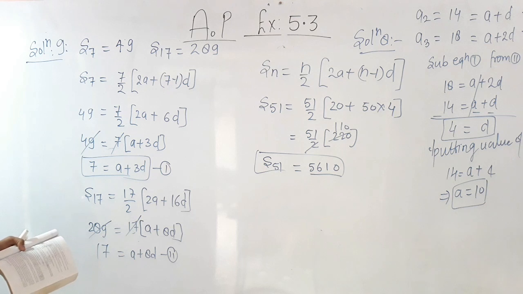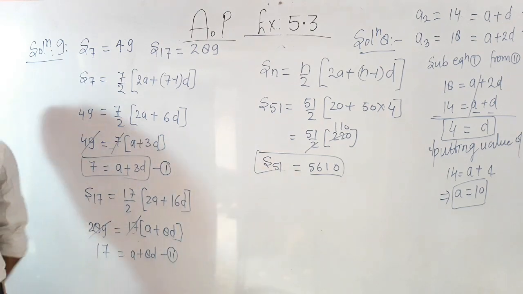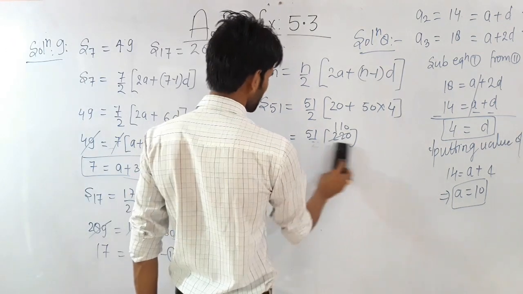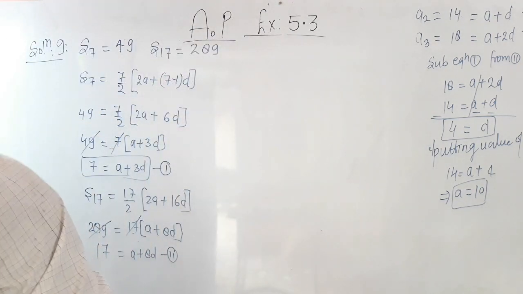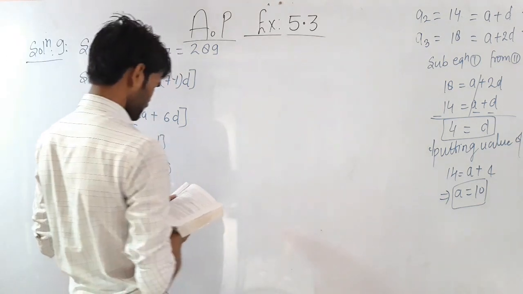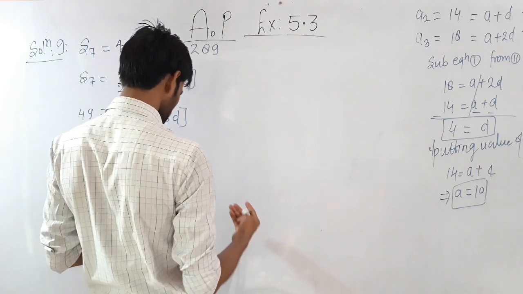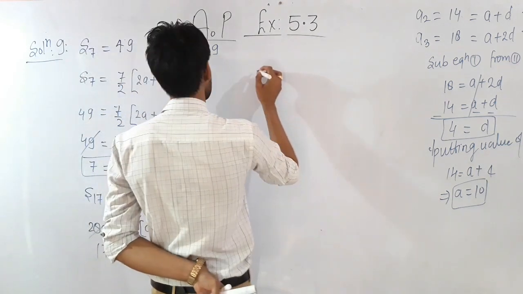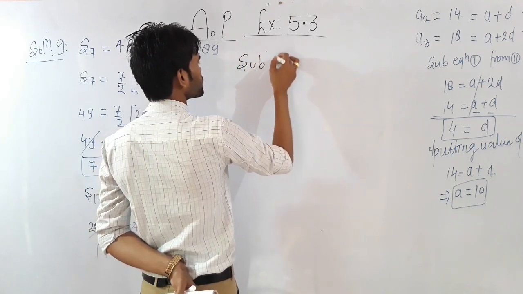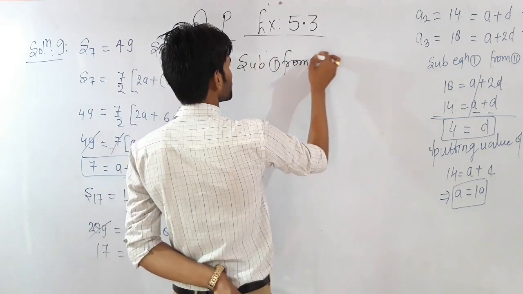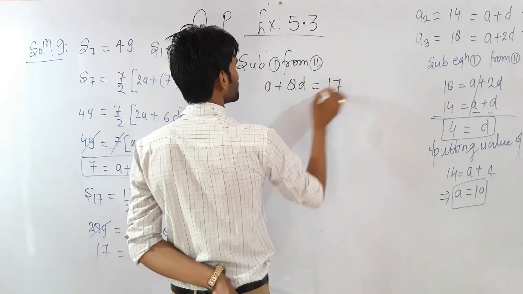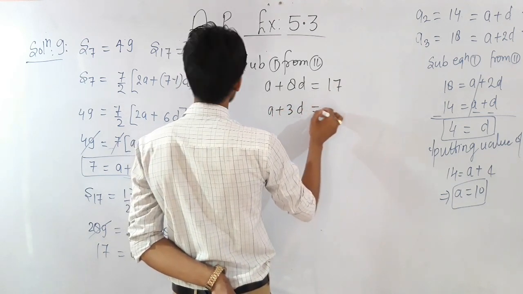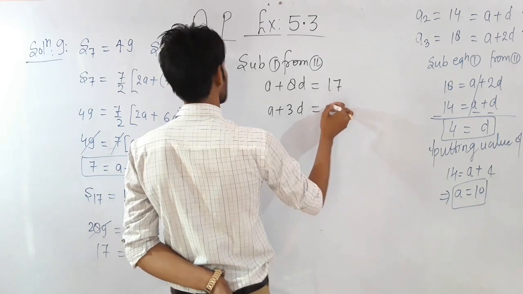Now proceeding forward, subtracting equation first from equation second, we may write it as a plus 8d is equal to 17 and a plus 3d is equal to 7.